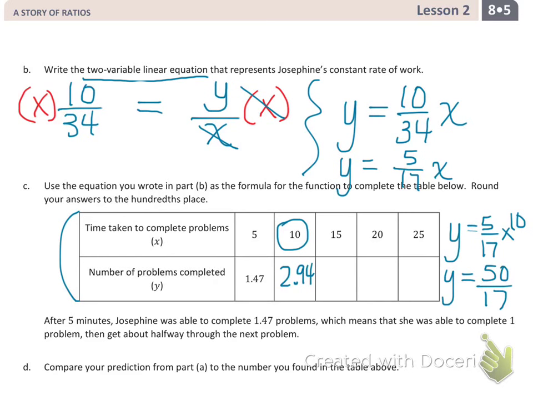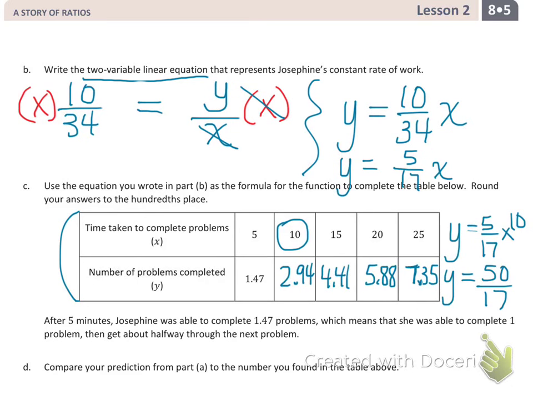Okay, so each of the other values, I'm going to get 4.41, 5.88, and 7.35. Okay, so in 25 minutes, that's the one we made a guess at, she would complete about 7 1/3 problems.